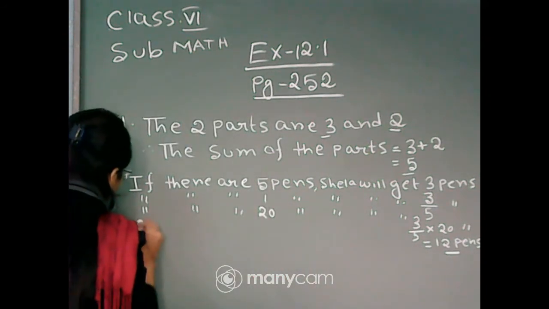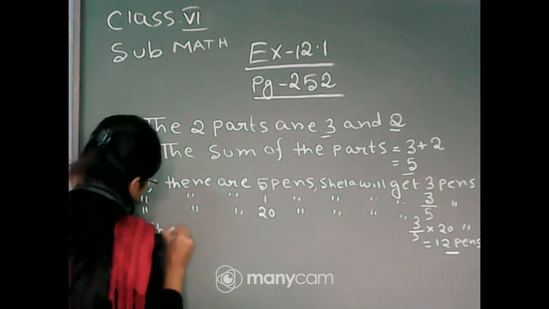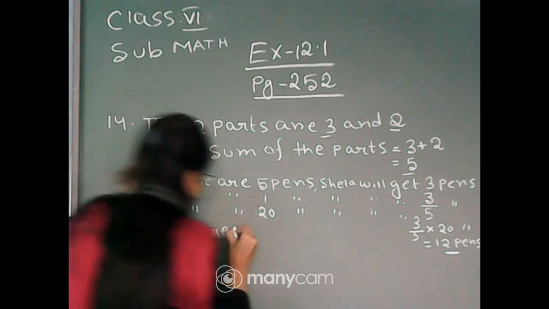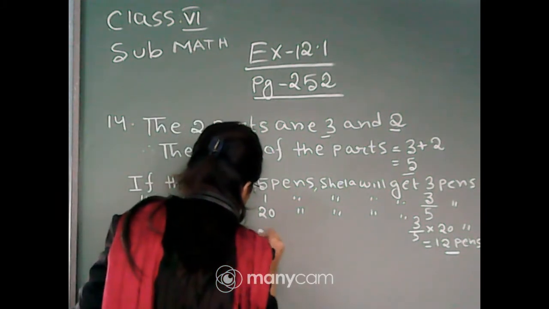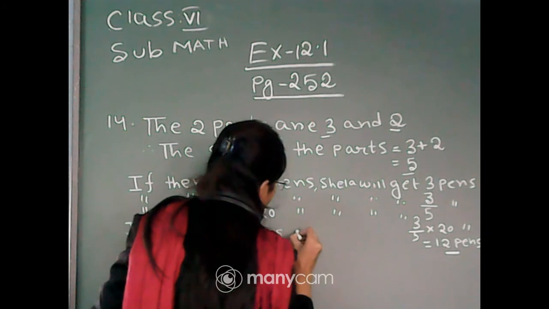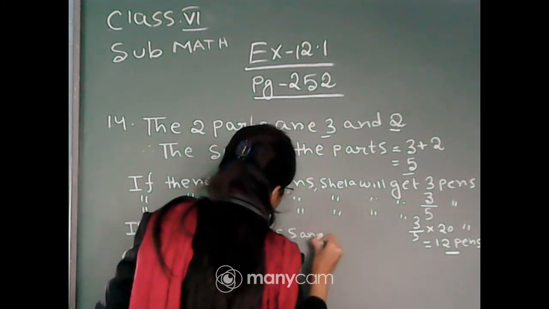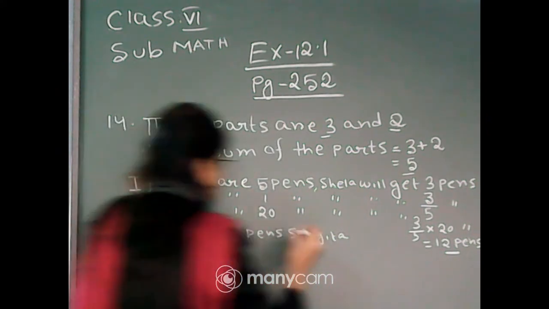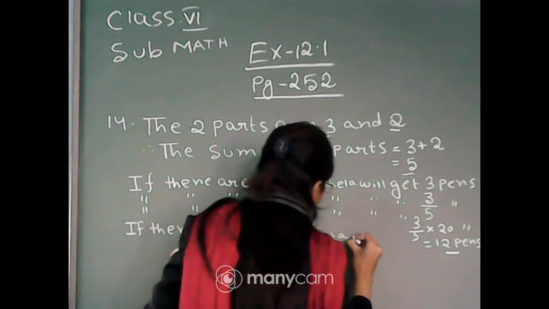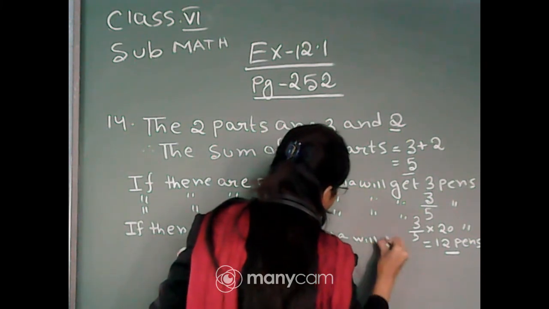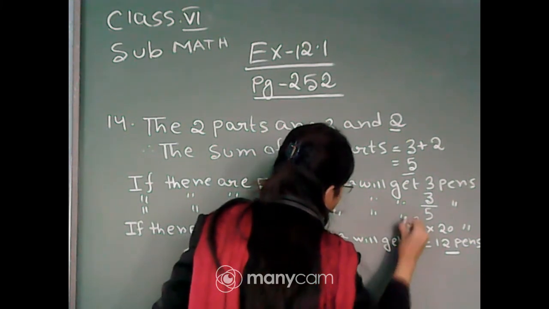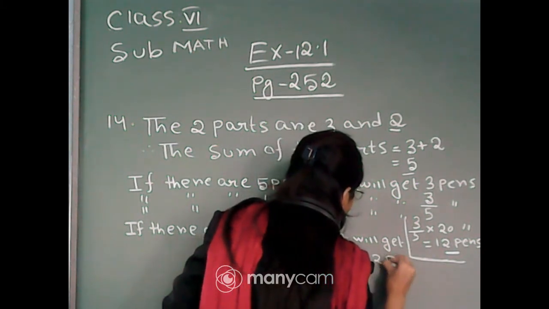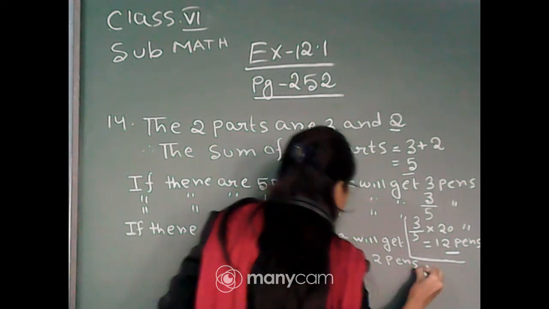Similarly, if there are 5 pence, Sangita will get 2 pence.